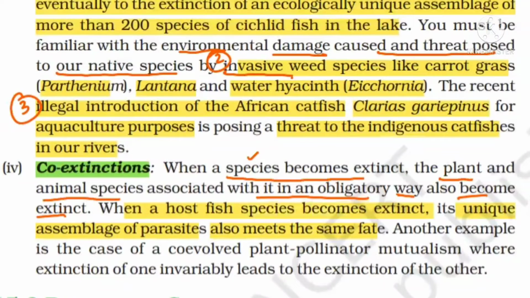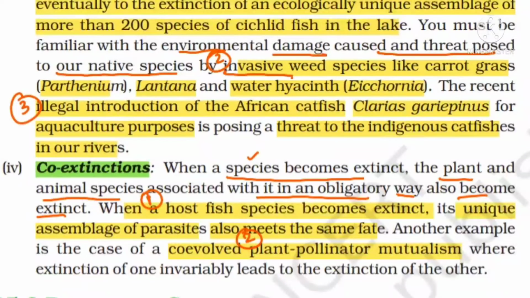So this is the first example, the host fish. The second example is the plant-pollinator relationship, which is co-evolved. Plant-pollinator mutualists, co-evolved, why are we saying this? In organism and population, we will study that there is an orchid which never gives any rewards to its agent. What it does is turn one of its petals into a female-resembling, female-like petal with the same shape, size and marking, so as to attract the male pollinator.